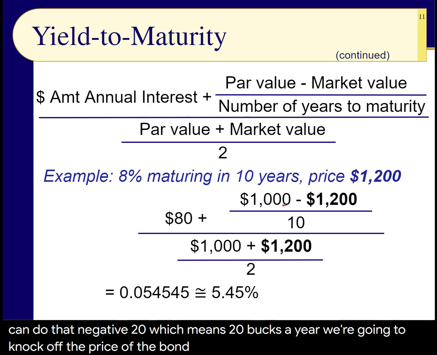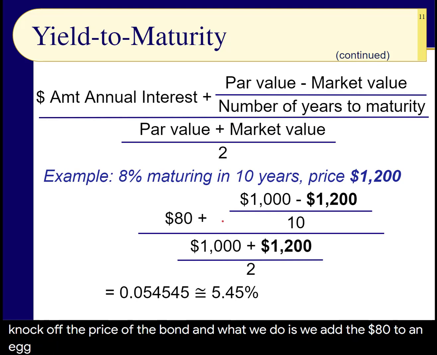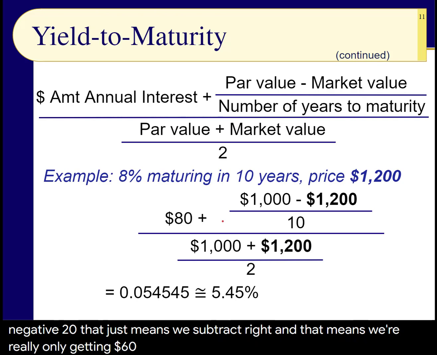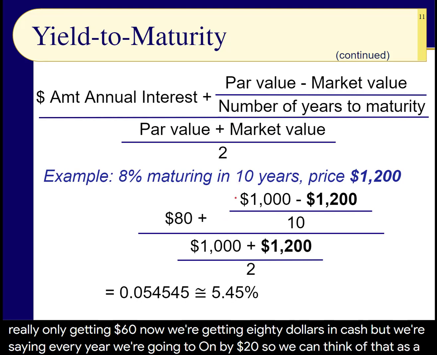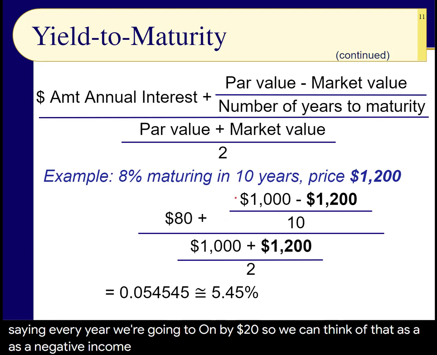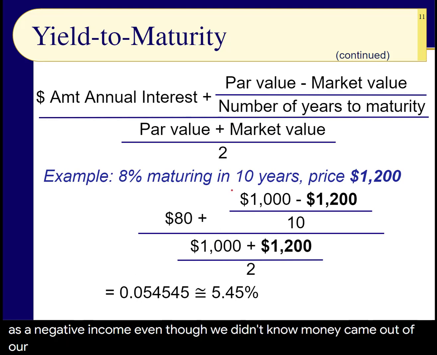Negative 20, which means $20 a year, we're going to knock off the price of the bond. And what we do is we add the $80 to a negative 20. Oh, that just means we subtract, right? And that means we're really only getting $60. Now, we're getting $80 in cash, but we're saying every year we're going to lower the price of our bond by $20. So we could think of that as a negative income, even though no money came out of our checkbook or anything.